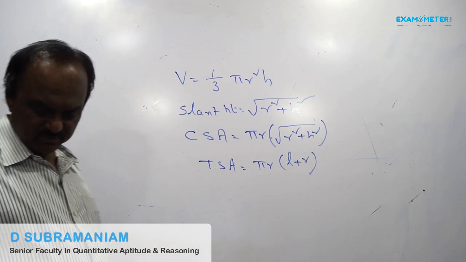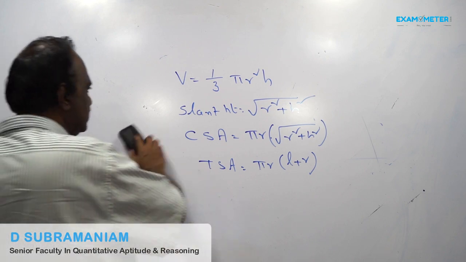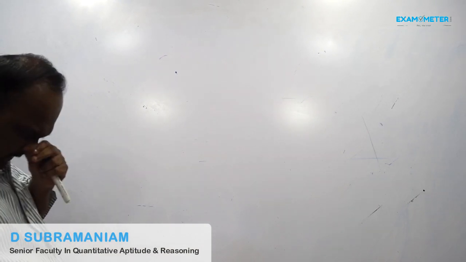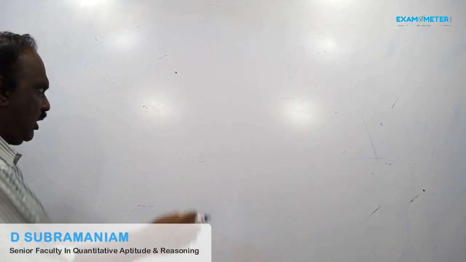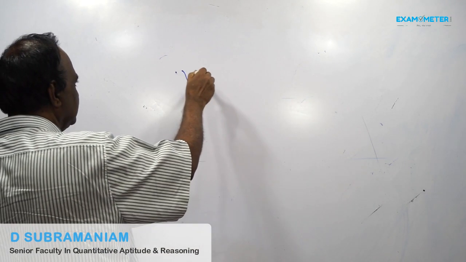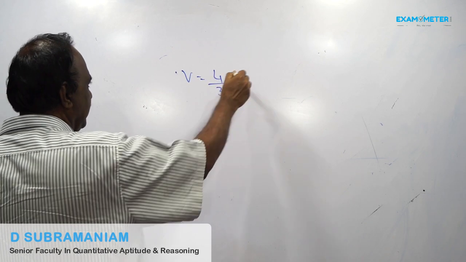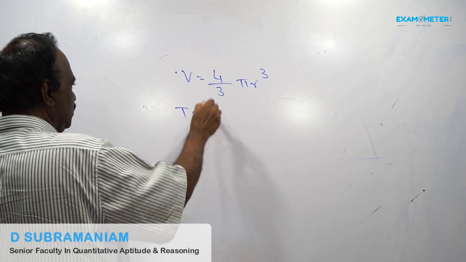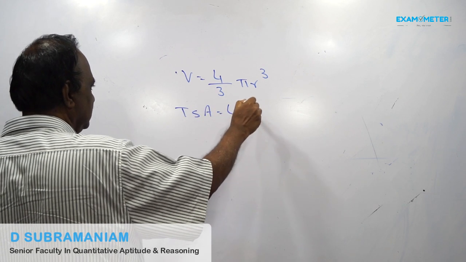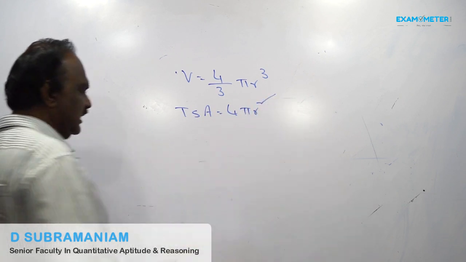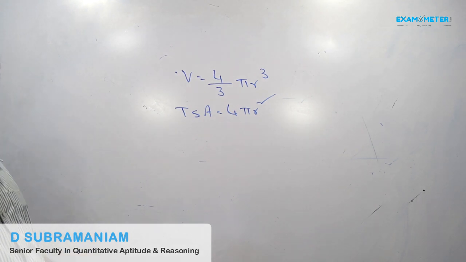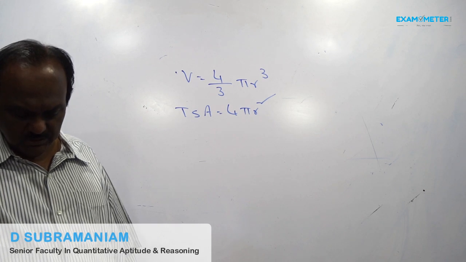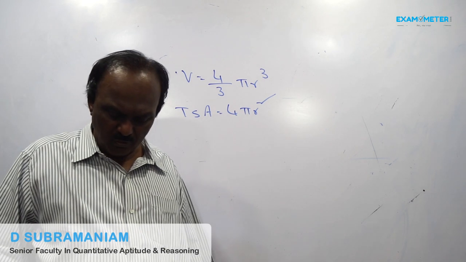Then sphere. Volume of a sphere is 4 by 3 pi r cube. Total surface area is 4 pi r square.